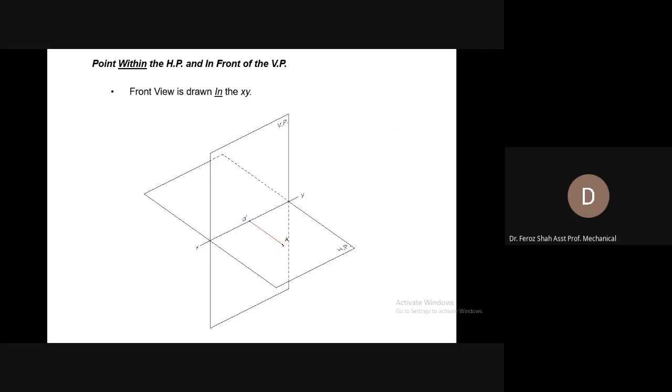So this point A is within the horizontal plane, or lying in the horizontal plane, and is in front of the vertical plane. For drawing its front view, looking at it from this side or from the rear side, its front view or its image would be drawn exactly at this position on the vertical plane, at the XY reference line.